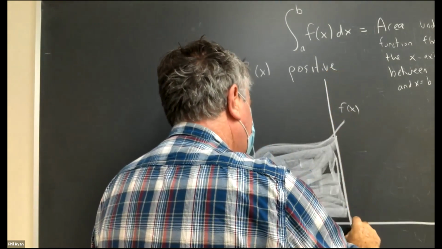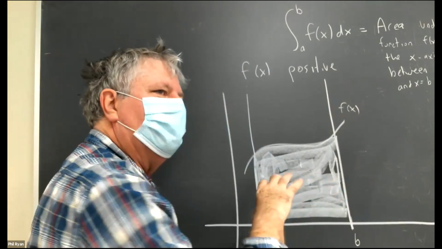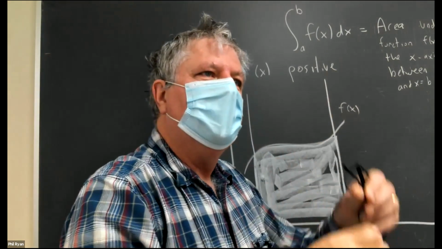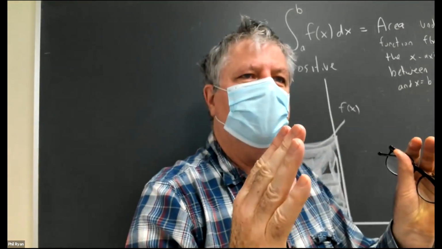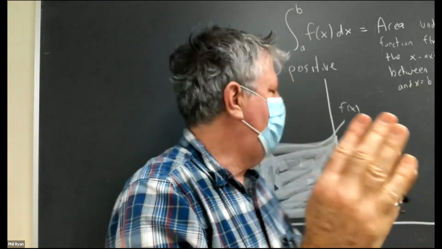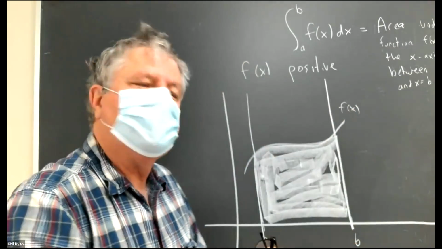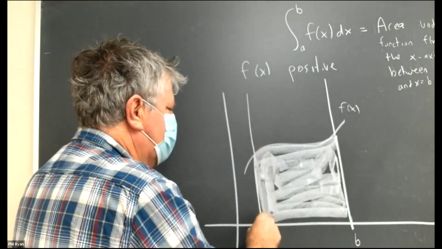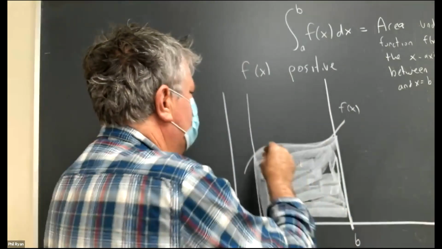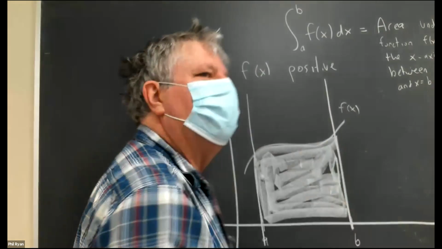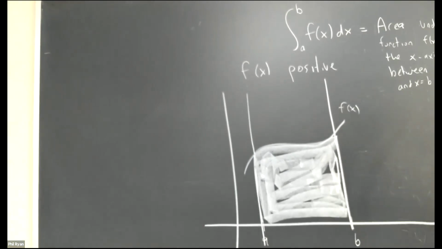Here's x equals B. So it's like a four-sided area, right? It's not quite a rectangle. Three of the sides are kind of rectangular, but the top is given by the function, so that can be quite curvy.